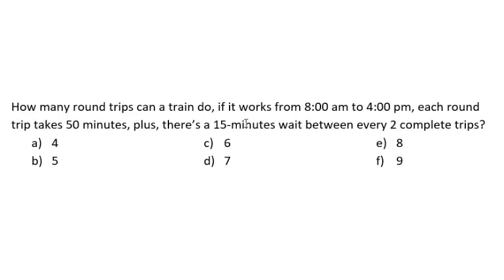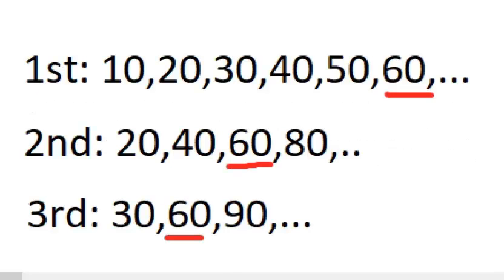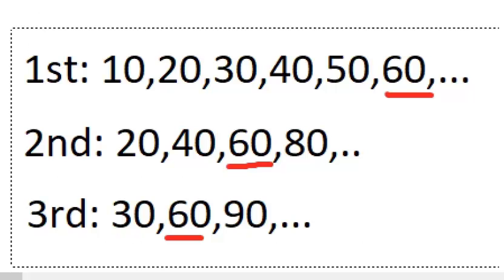the process here. Okay, so from 8 a.m. to 4 p.m., let's try to see how many trips this thing can take. You need to be really good at measuring time, like time on a clock. So I know that 8 a.m. will be the first time that the train is gonna work, okay?